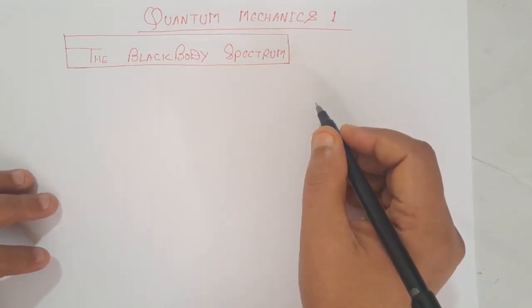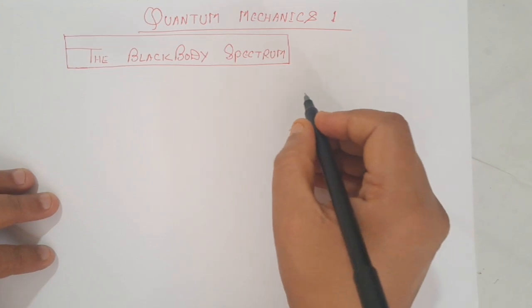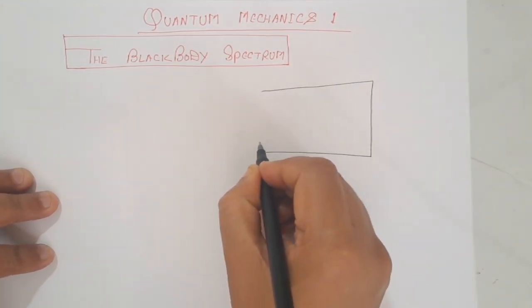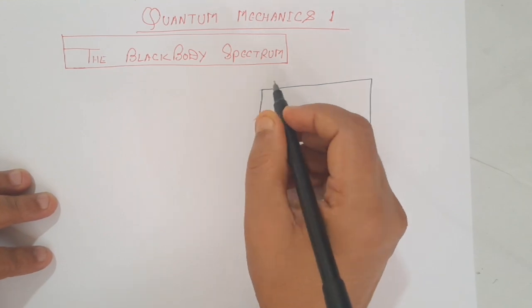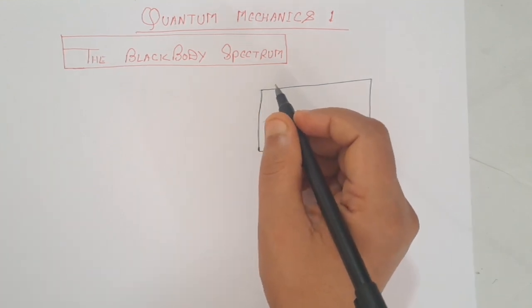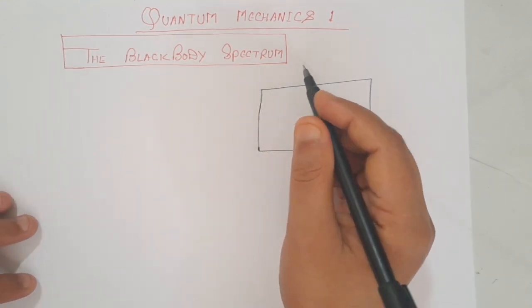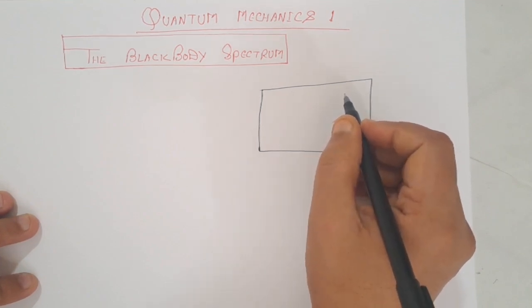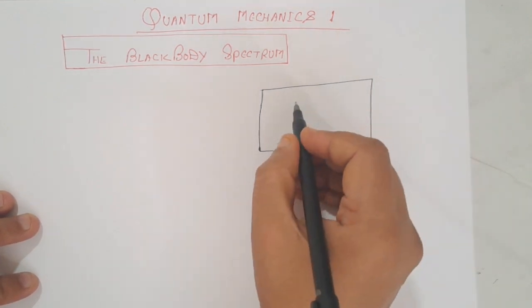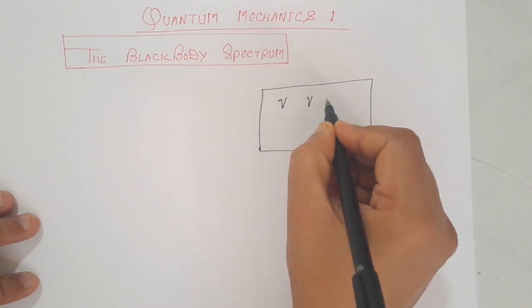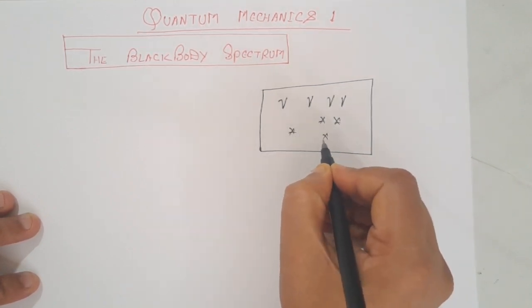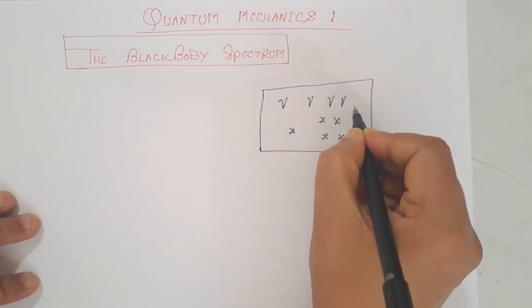So to find the black body radiation law, we have to find the number of photons in a box if the radiation, or photon, is in thermal equilibrium with some atoms in the box.